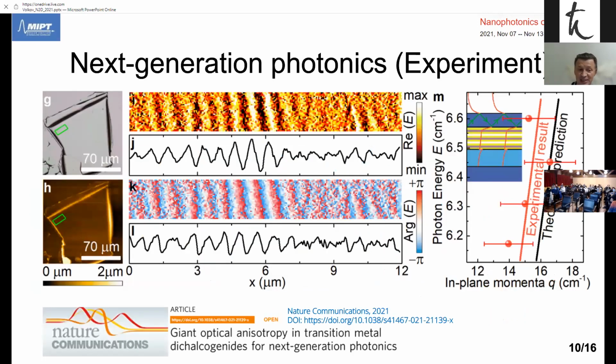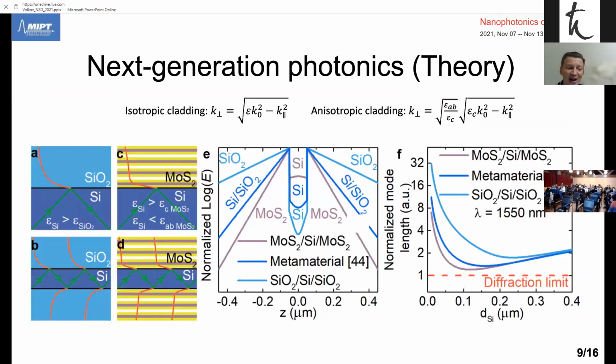It's actually interesting that the greater the magnitude of this component, the better the light confinement inside the waveguide core, and the closer you can approach the diffraction limit in the mode confinement.